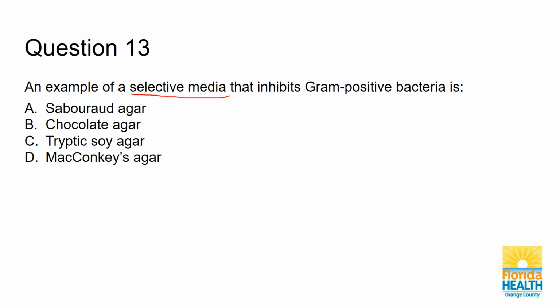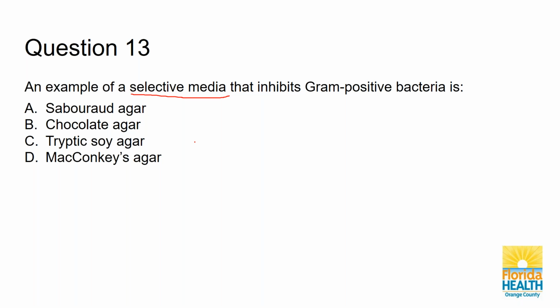An example of selective media that inhibits gram-positive bacteria is Sabouraud agar, chocolate agar, tryptic soy agar, MacConkey's agar. It inhibits gram-positive bacteria. So think of all of these ones up here.